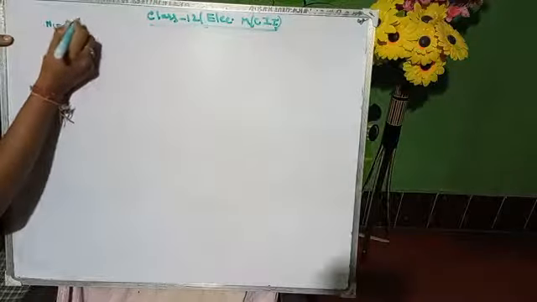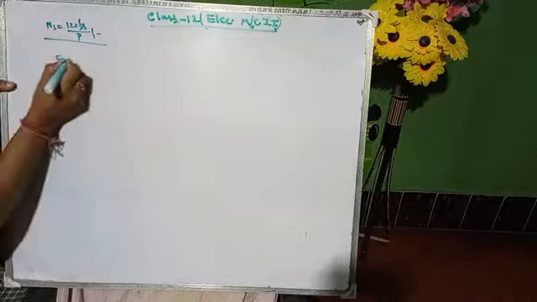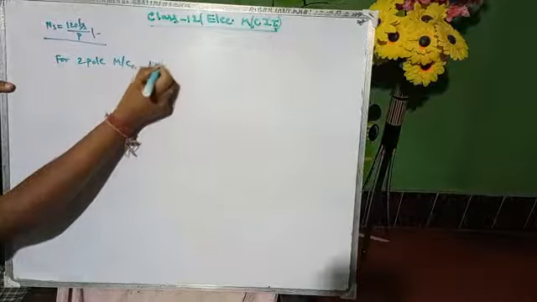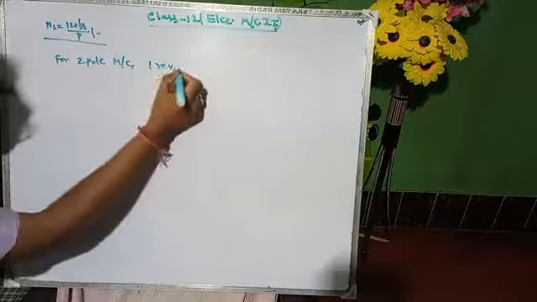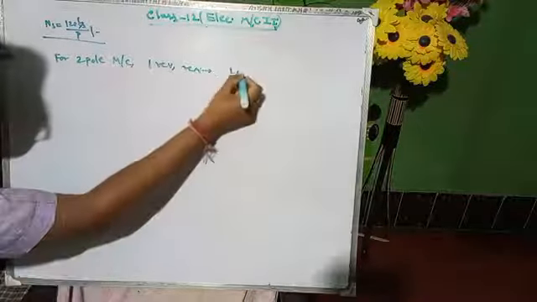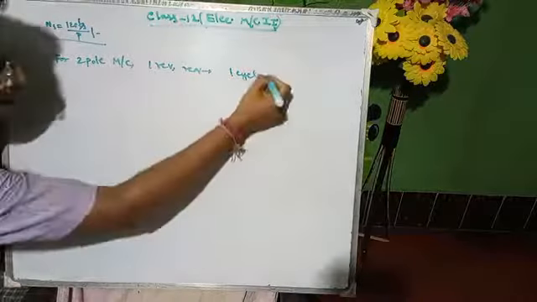So today we have to first prove the formula Ns equals 120 Fs by P. So, proof of it. For a 2-pole machine, 1 revolution requires 1 cycle of supply.